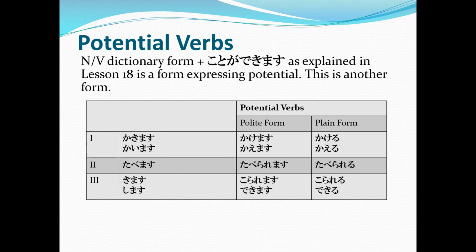And then the potential verb polite form for soji shimasu is, yes, soji dekimasu, or can clean. Now, the plain form of that is soji dekiru. Wakarimashita? Okay, very good, everyone.